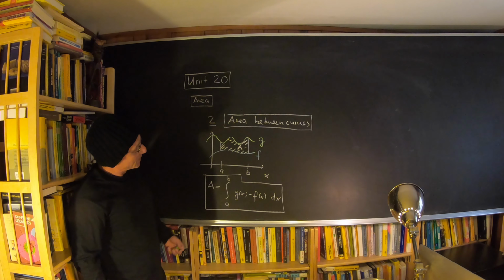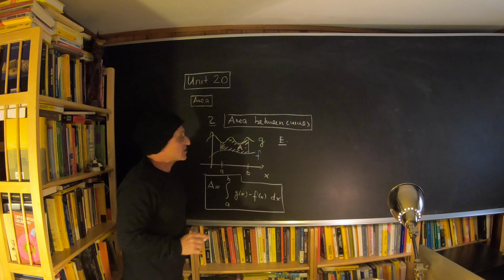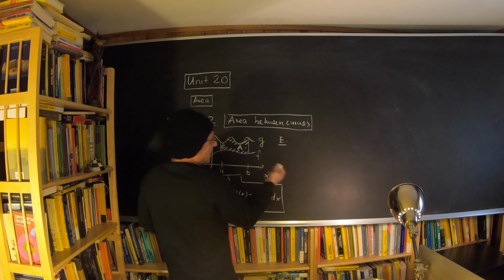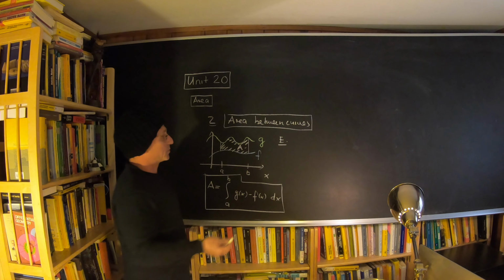For example, let's just take an example. Maybe look at a lot of other examples later, but the example is: find the area sandwiched between x squared and x cubed.